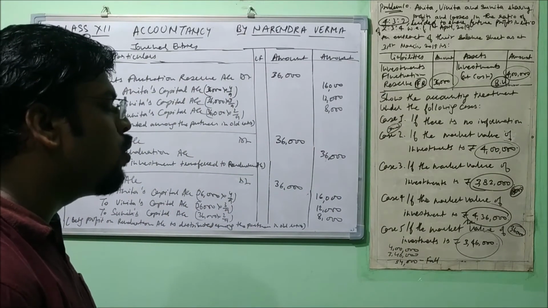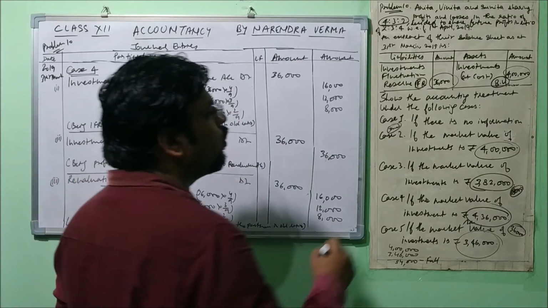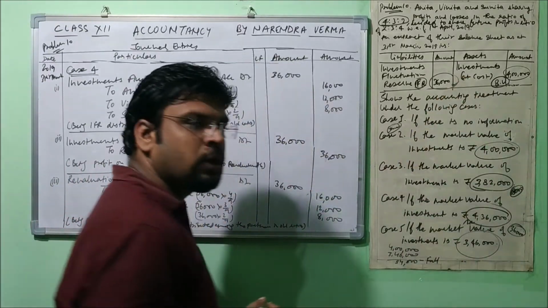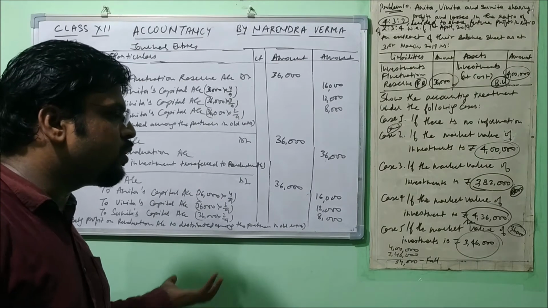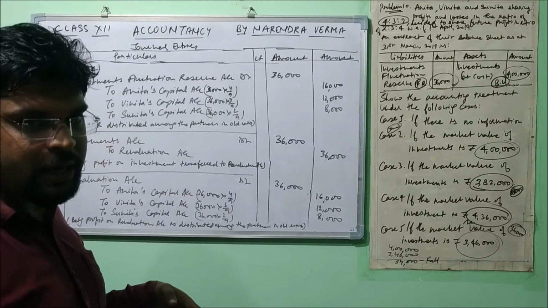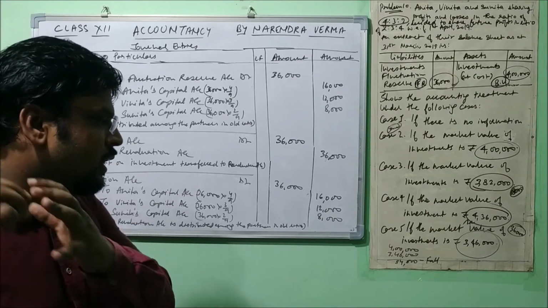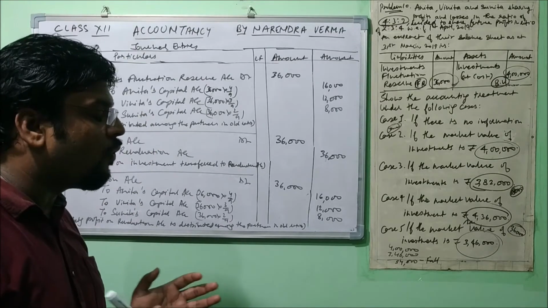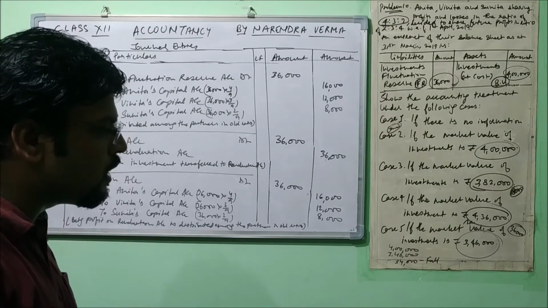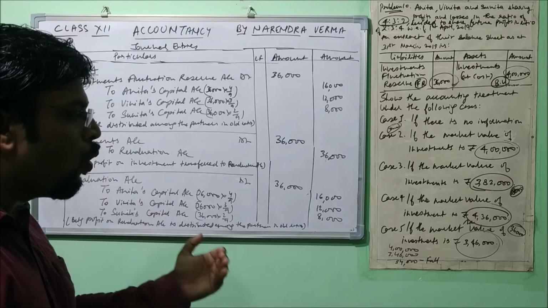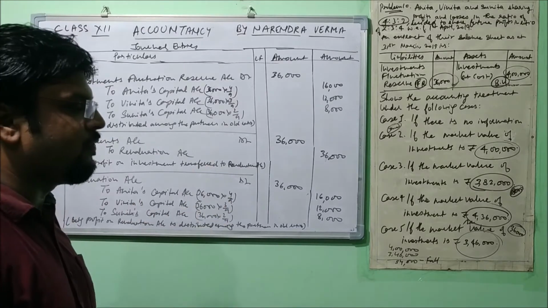And how much amount do we have to compensate? Only 36,000. Okay, this is the third possibility of the second category case that I have already discussed with you, when the fall in the value of investment is more than the amount of IFR.